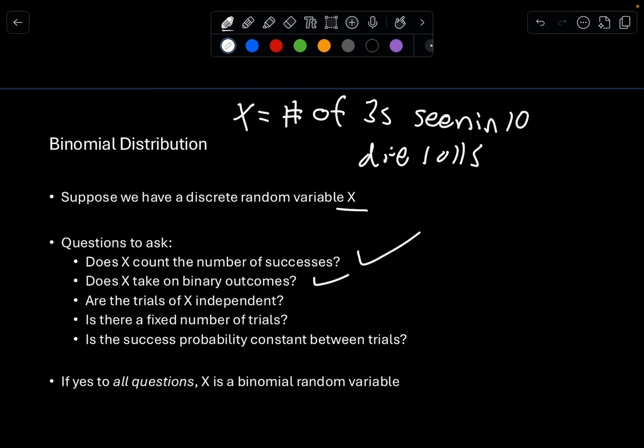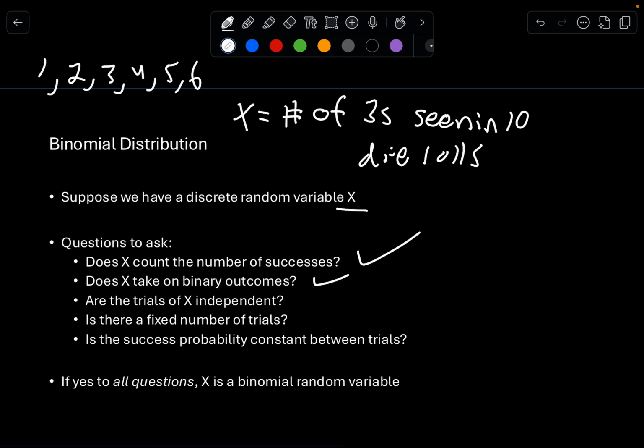However, yes, a success would be a 3 and a failure would be anything but a 3. So here X is binary. It's yes, a 3, or no, not a 3, even though you could have 1, 2, 3, 4, 5, 6. X is not the specific number seen on a roll. It's the number of threes. So yes, X is met, or no, X is not met.